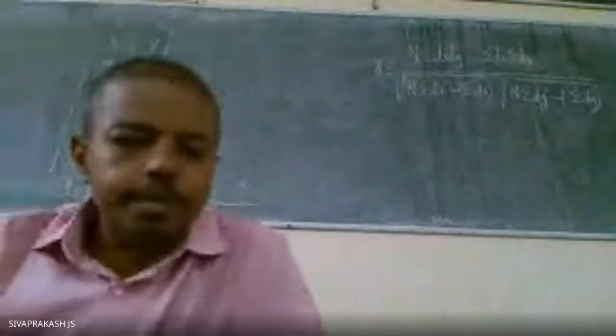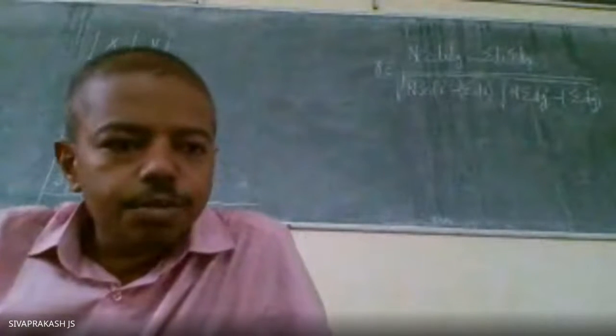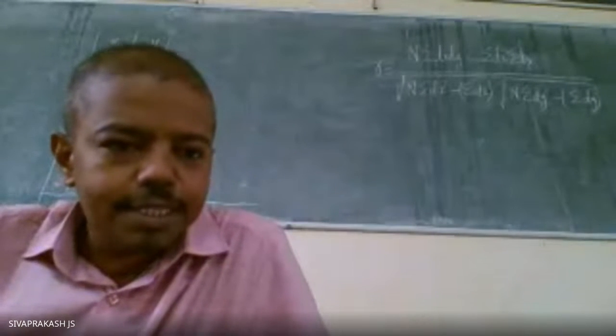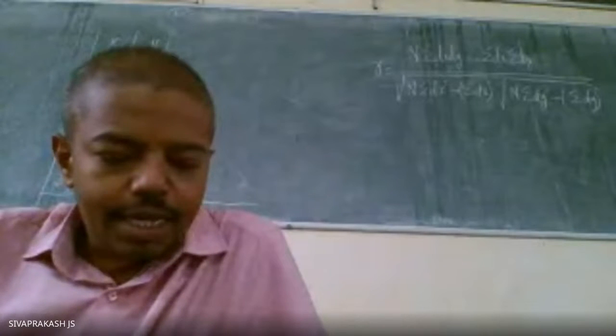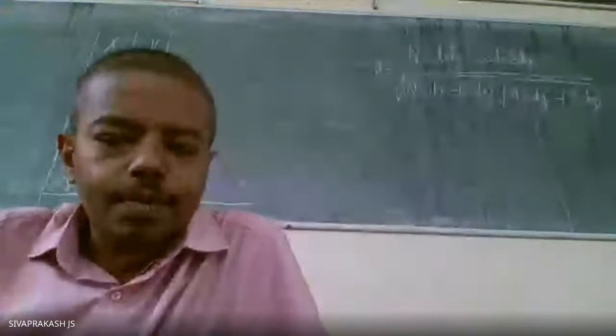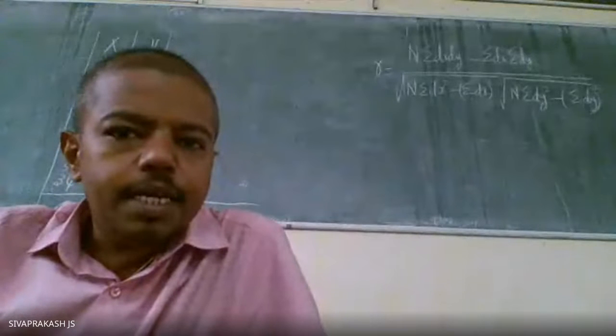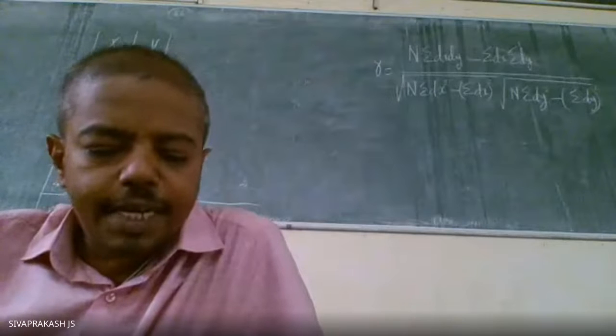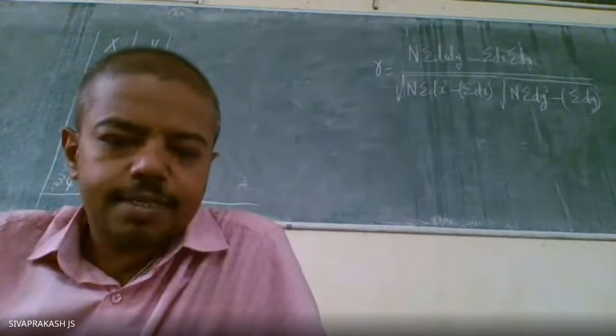In the actual mean and direct method we use the same formula but without d. Can you see that there is a small letter d? In the direct method we followed capital X and capital Y, but here we are using dx and dy. D is nothing but deviation from the actual x.